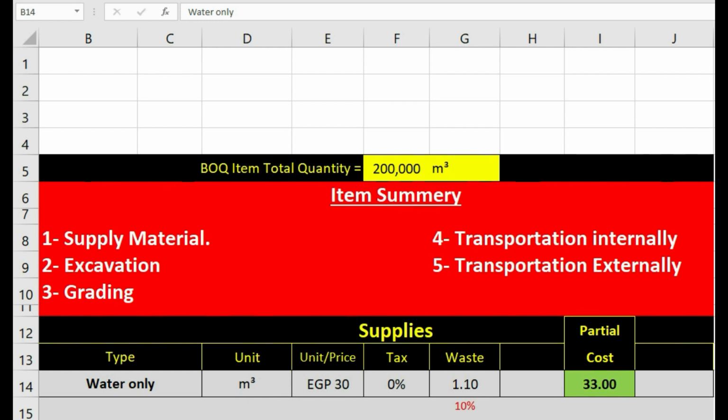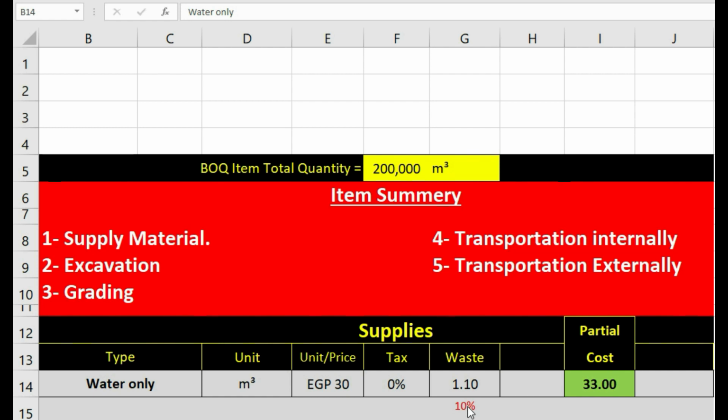We have more than one water source detected from the project site inspection. The best average price was 30 Egyptian pounds per cubic meter without transportation. We do not have a tax here.